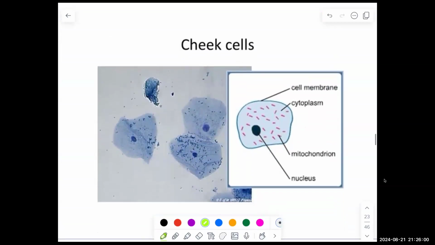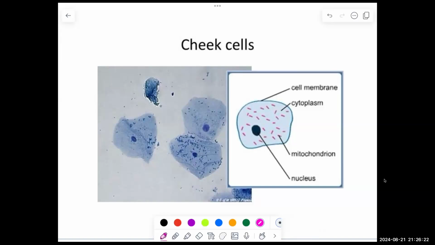This is one activity that we got rid of post-COVID, but you would scrape your cheeks, stain the cells that are on the toothpick, and put them under the microscope so you can observe them. These are animal cells, and you're observing the shape and what organelles we can see.